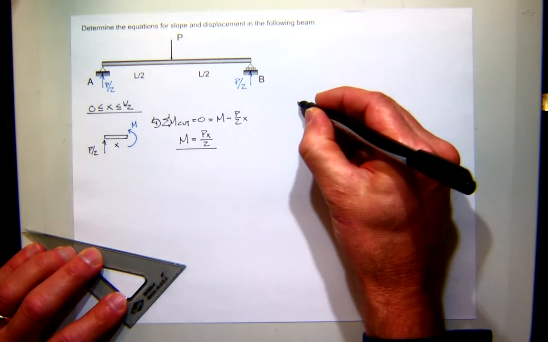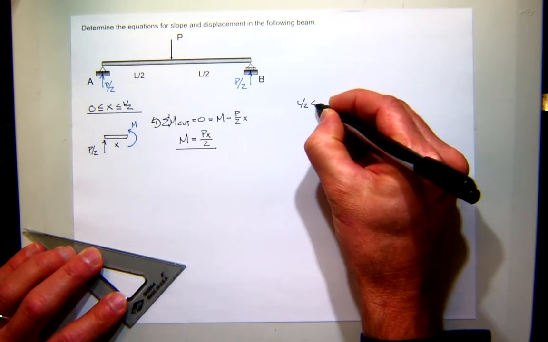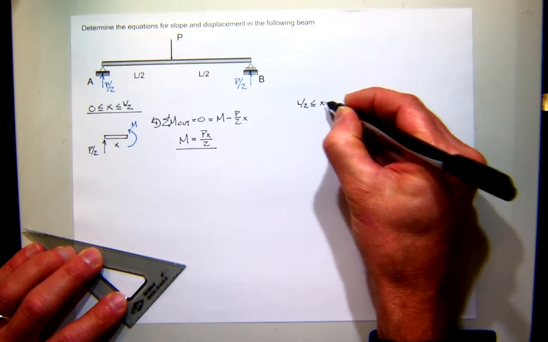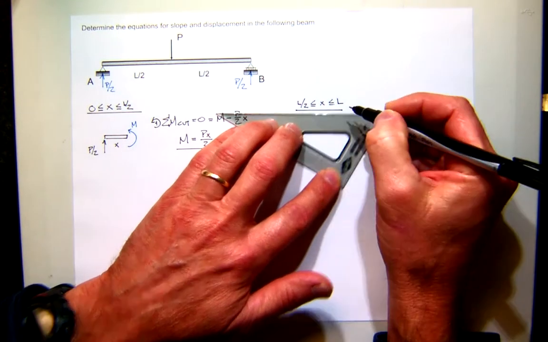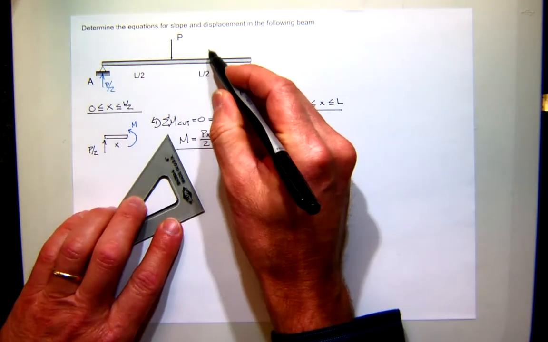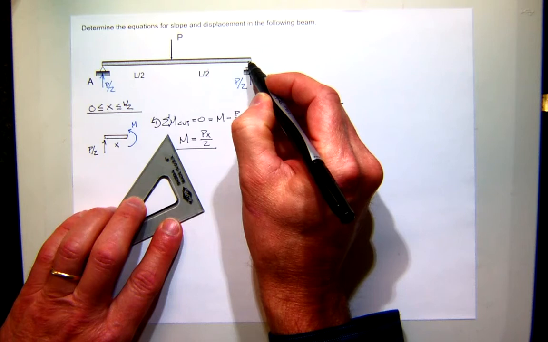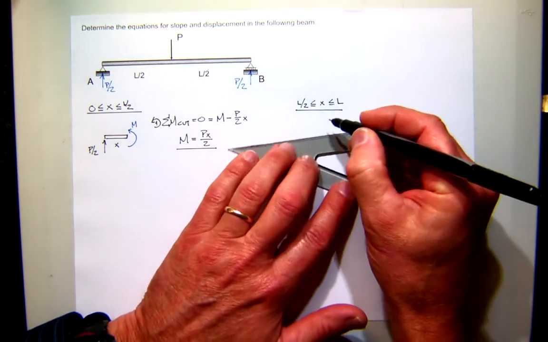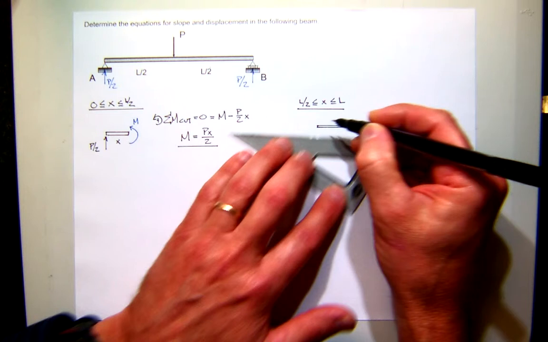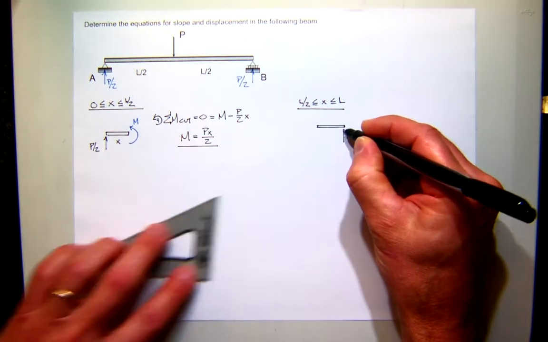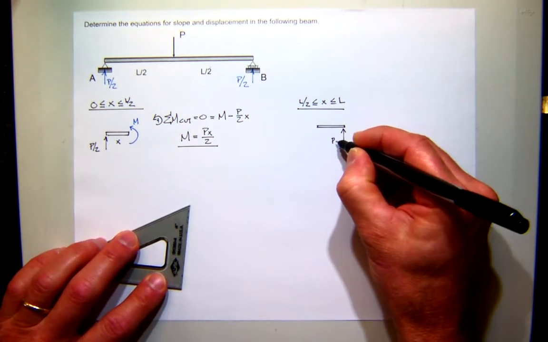So let's go over here now and do L over 2 to L. When I cut the structure here, I think it's more convenient to look at the right-hand side. So in this case, I'll draw my free body diagram. And there's my reaction, P over 2.